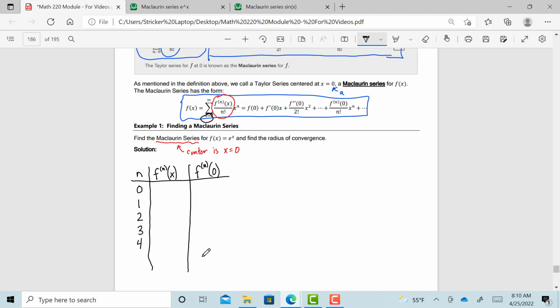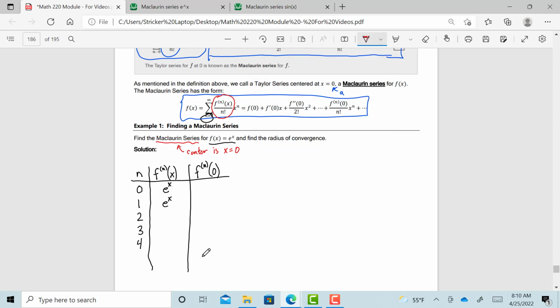And so we know that when n equals 0, that's our function. So if we let n right here be 0, then that's going to be our original function. We want to do this for f of x equals e to the x, so this is going to be e to the x. And then for n equals 1, that means the first derivative, so the derivative of e to the x is e to the x.